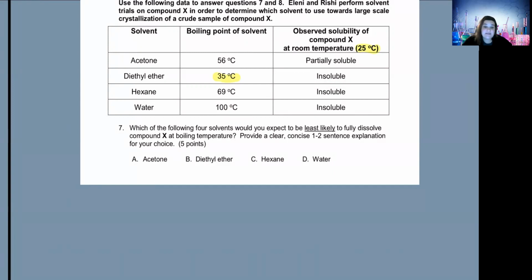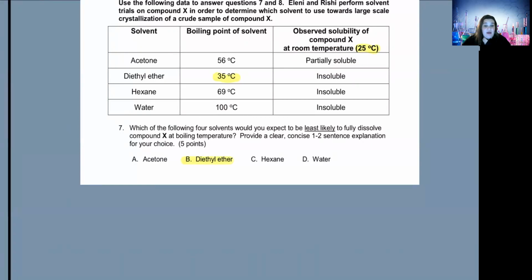So for that reason and that reason alone, in this question, we can say that diethyl ether is least likely to fully dissolve compound X at boiling temp. Okay. Acetone is a good runner-up in a sense because it's partially soluble at room temp, so it won't dissolve everything at boiling point. It will dissolve some of it, but the best answer is diethyl ether.